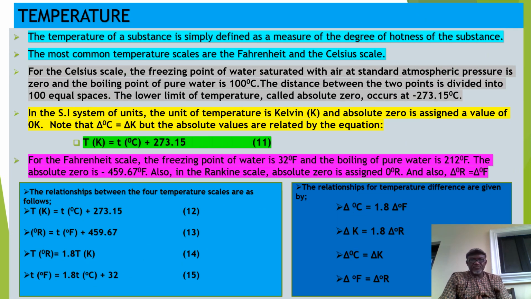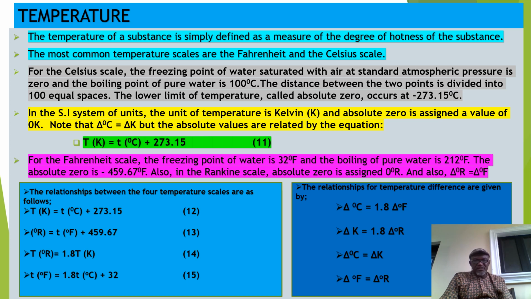Temperature. Temperature is simply defined as a measure of the degree of hotness of a substance. The most common scales are the Fahrenheit scale, which we mentioned in the English engineering system, and the Celsius scale, which we also mentioned in the SI units. Now, these different scales have their zero and upper limits, which we use.